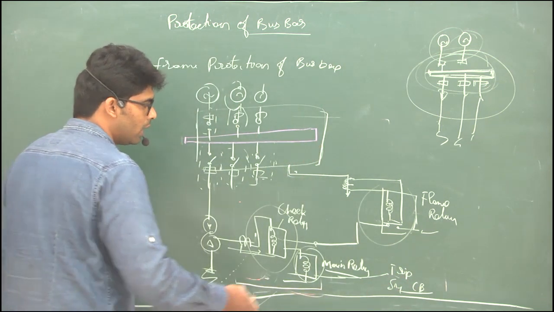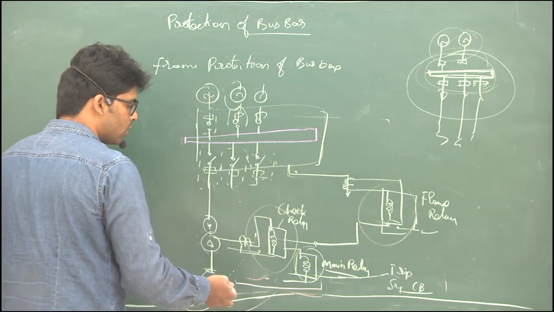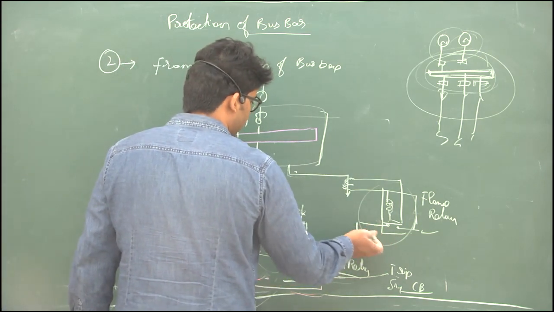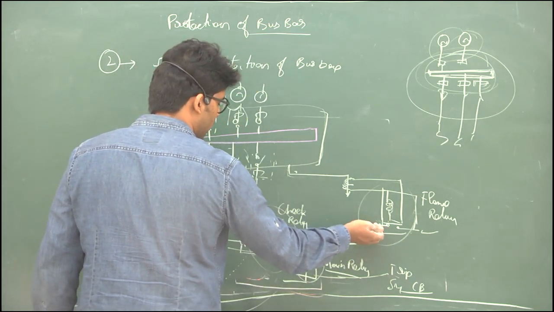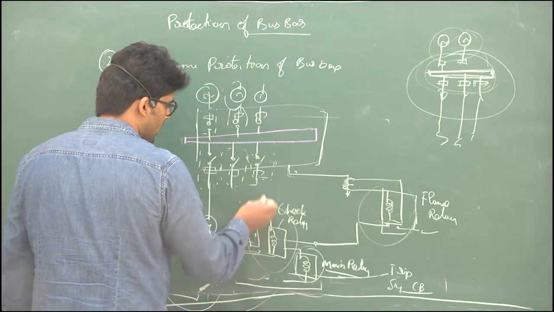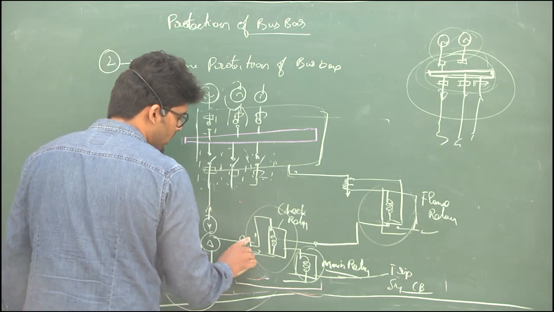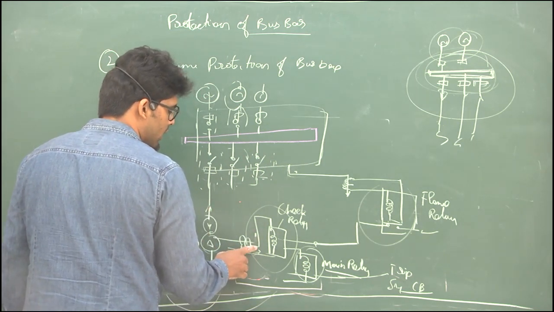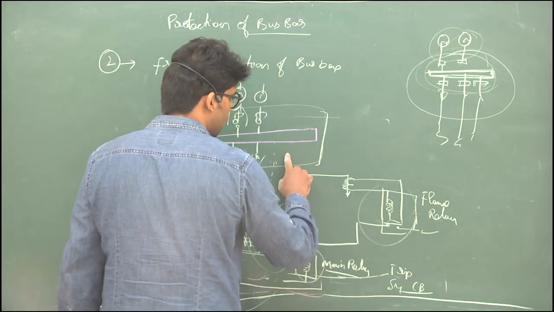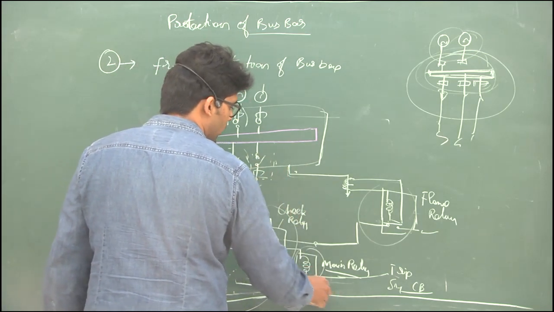If only one of them operates, it is of no use. The check relay will operate for an external fault, and for internal faults both will operate. If an internal fault occurs, the frame CT gets excited and gives the tripping signal to the frame relay, and the check relay also gets the information, so both the check relay and frame relay signal the main relay.